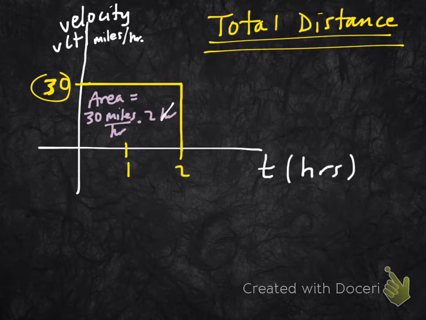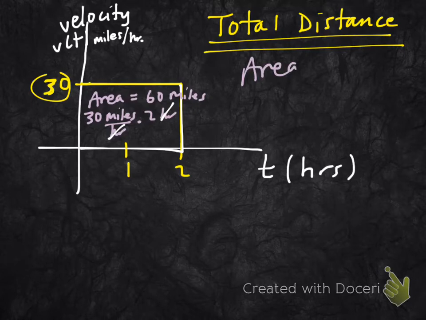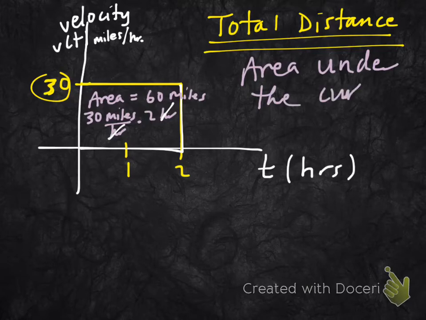If the area is 2 times 30, then the area is 60, and the 60 would represent the miles. So let's take a step back and look. The total distance is equal to the area under the curve.